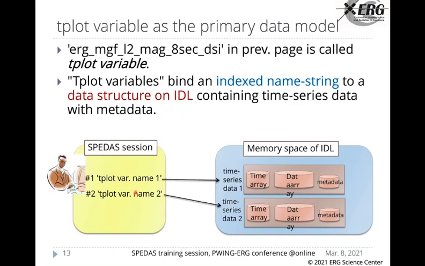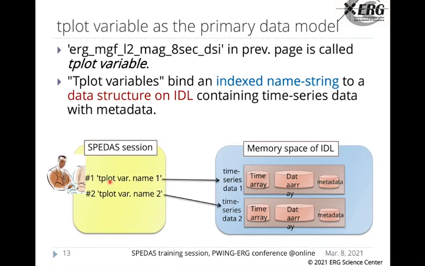For example, if you find some tplot variable on a SPEDAS session here, this tplot variable is linked to the set of data arrays here, including the time array and also the data array, and also the necessary metadata which describes these data too.